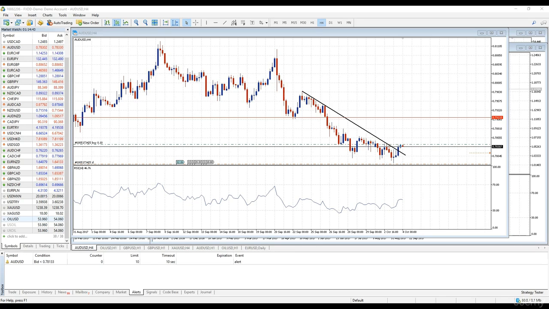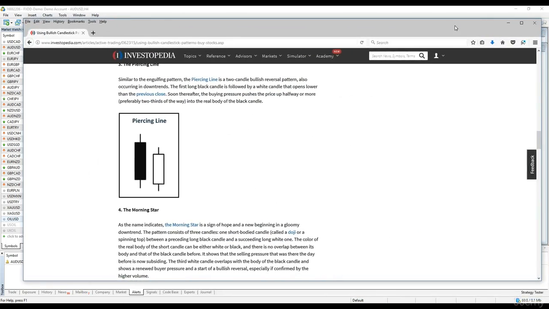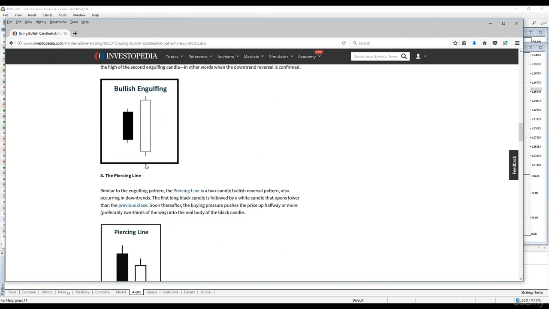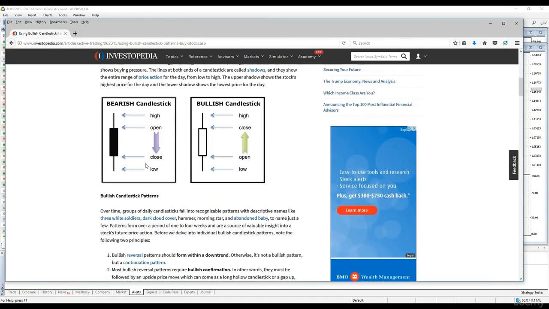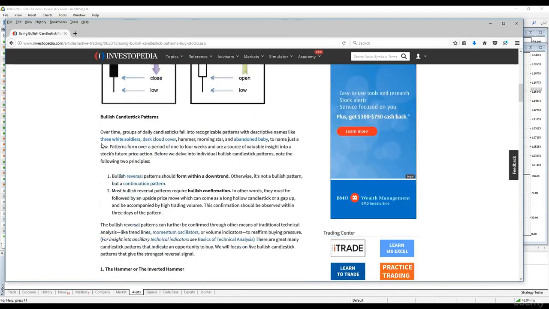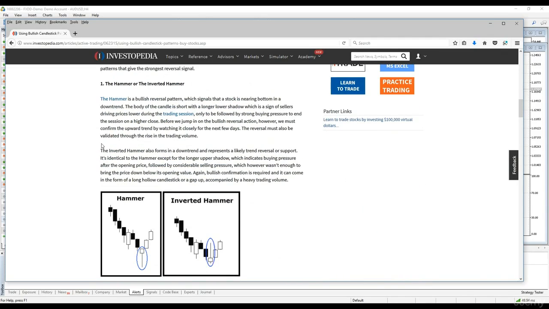So congratulations again on making it to the second part of the beginner program. So now what I want to do is introduce you guys to candlestick analysis. There's a website here called Investopedia, and you can go over to investopedia.com. I'm just taking a look at this site because it has some good explanation as to what each individual candlestick means.